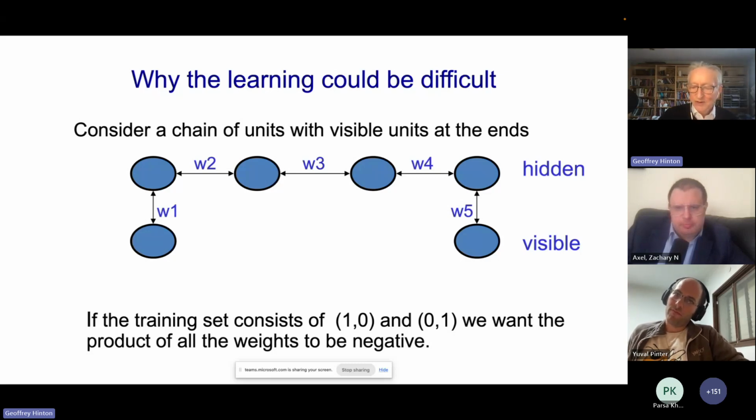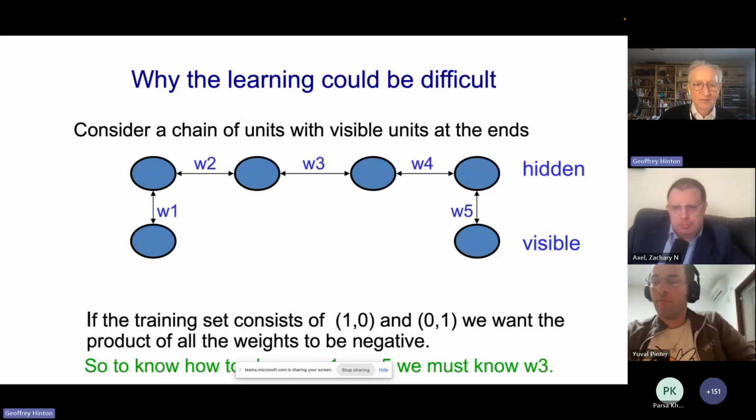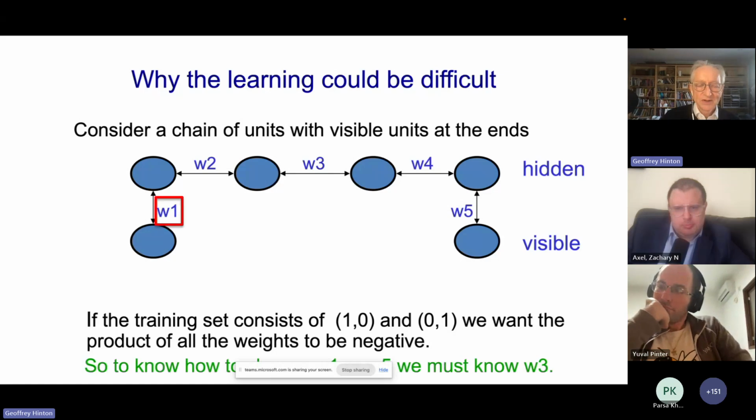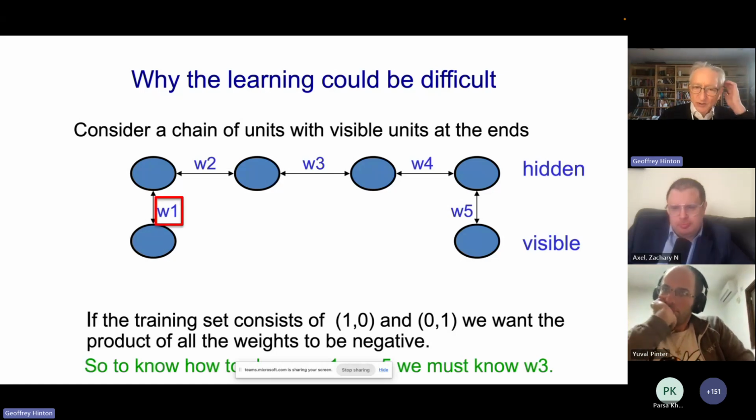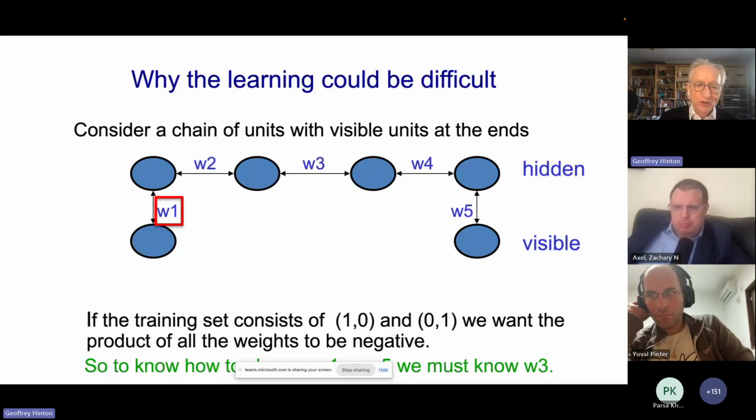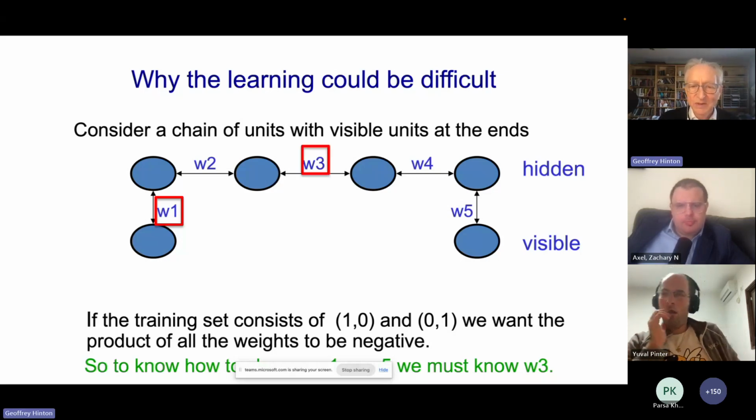So if you now look at one of the weights, like W1, and you ask, how should I change that to improve things? Well, you want to make the product negative. And so if all the other weights were positive, you want to make W1 negative. If one of the other weights was negative, you want to make W1 positive. So how you want to change W1 depends on the value of W3, which is a remote weight.